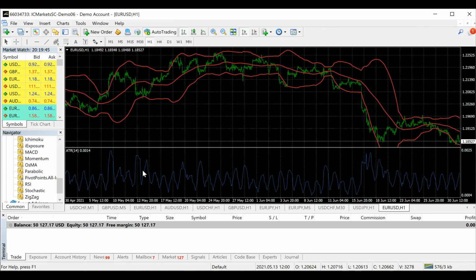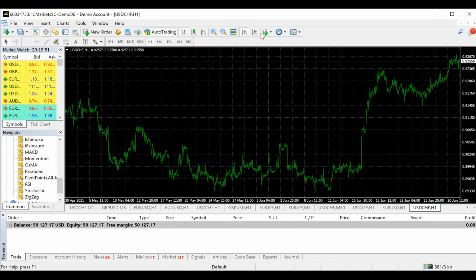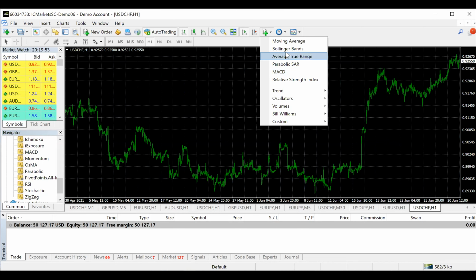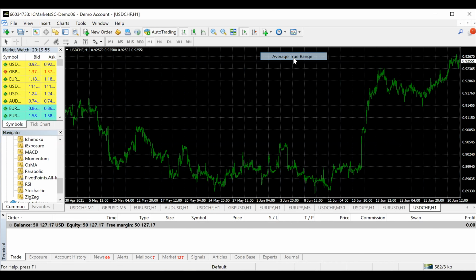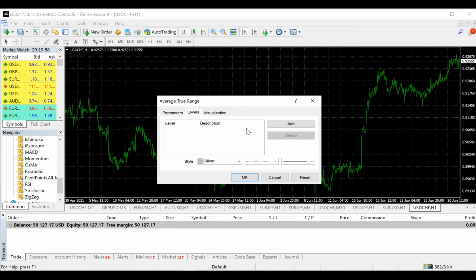We can also use another one. Let me set it here. Average true range levels.